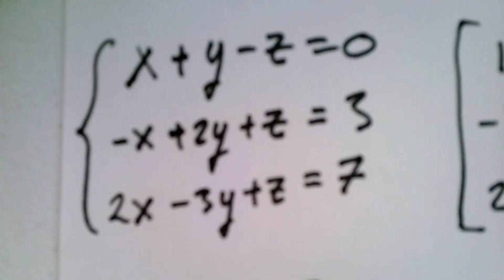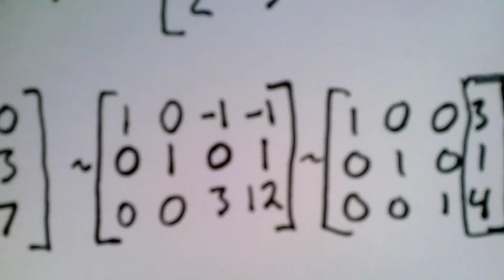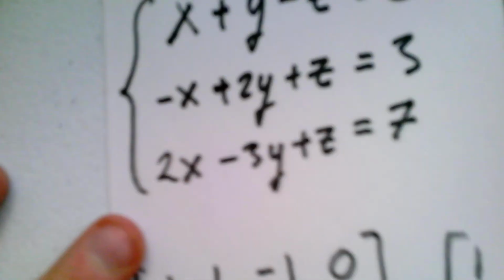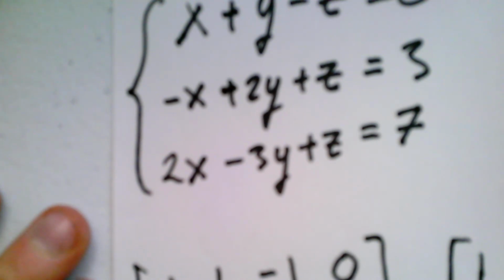So we have x plus y minus z is 0. And we claim that x is 3, y is 1, and z is 4. So is 3 plus 1 minus 4 0? Yes. So we satisfy the first equation. Let's look at the second. Negative x plus 2y plus z equals 3.